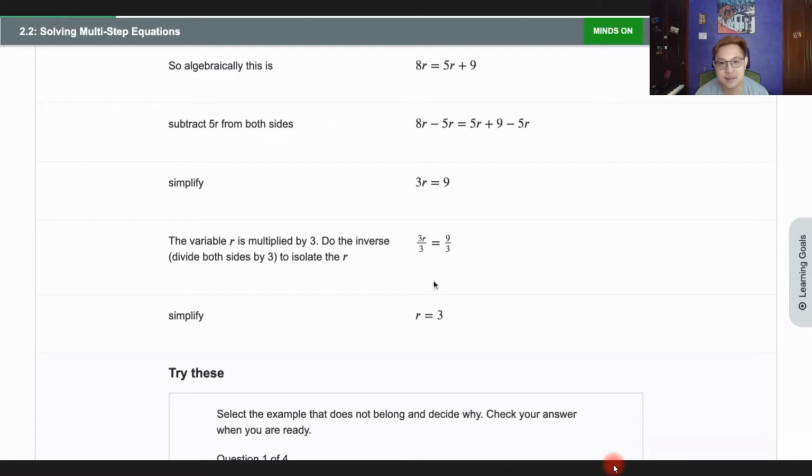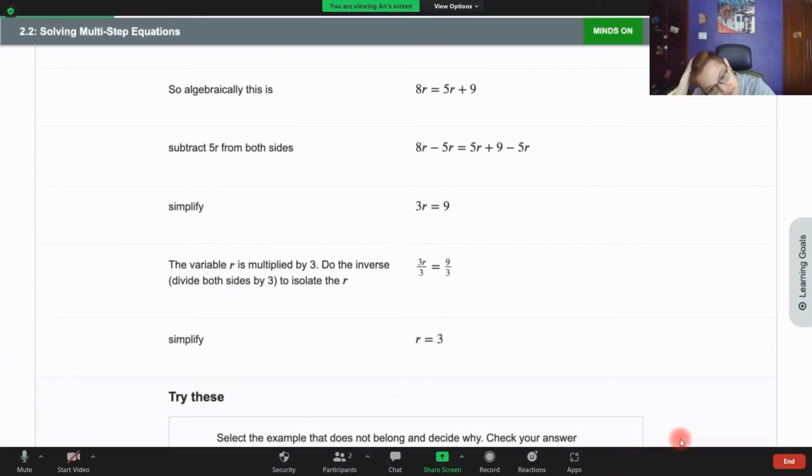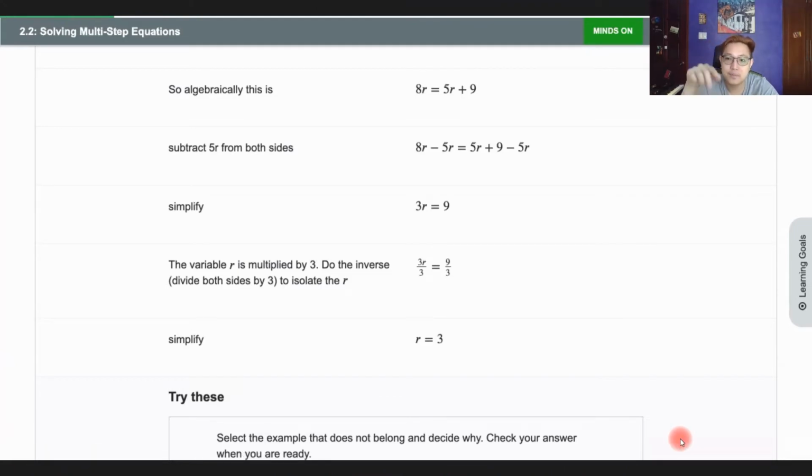Then plug r equals 3 back into the original one. How do you solve for the left side and the right side again?